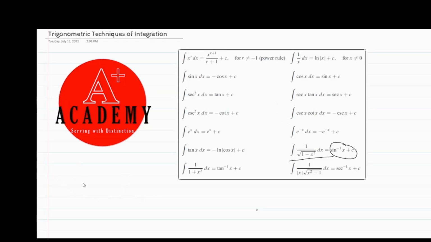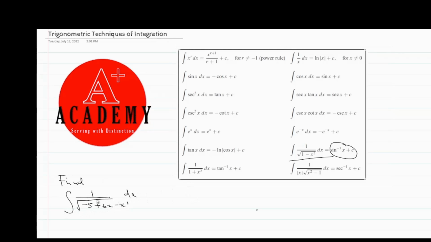So we are required here to find the integral of 1 over root of -5 plus 6x minus x squared in terms of x.